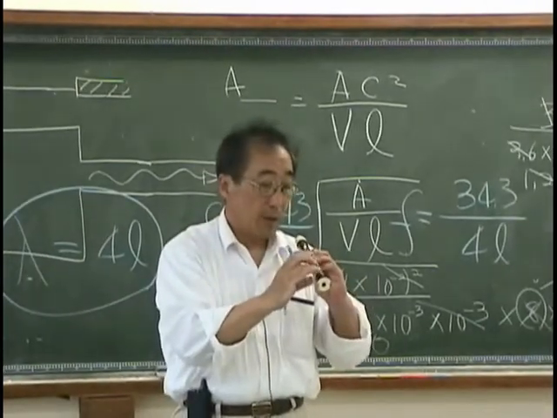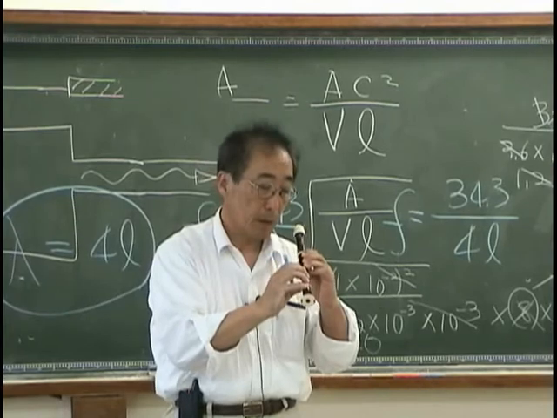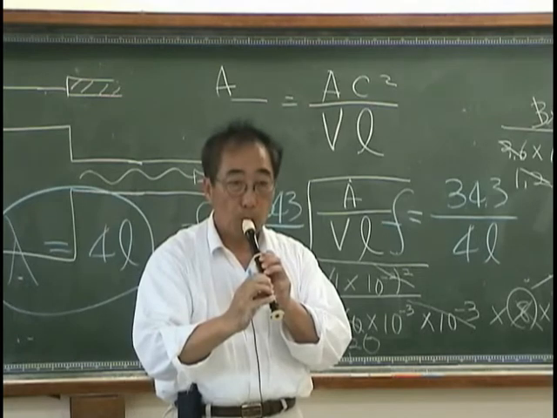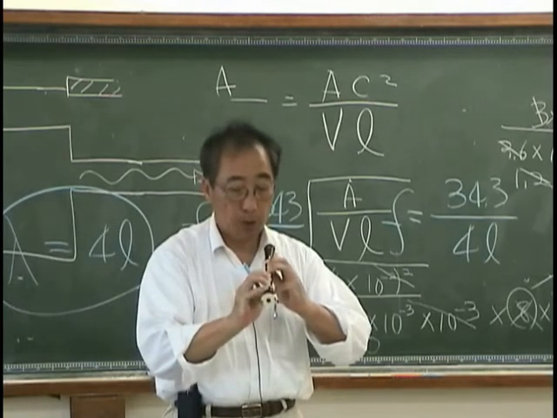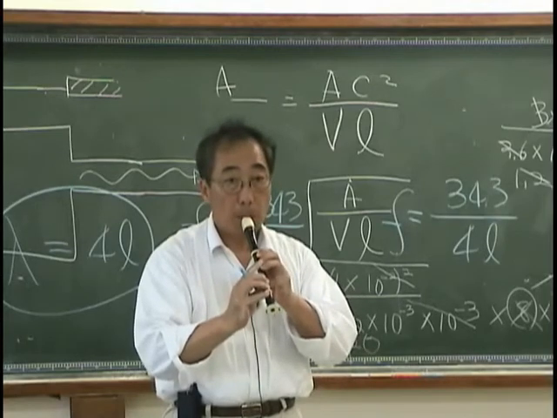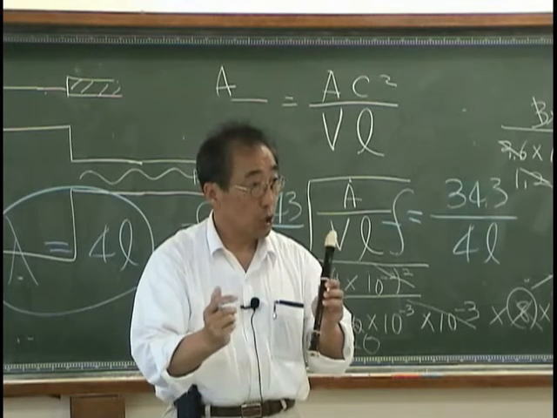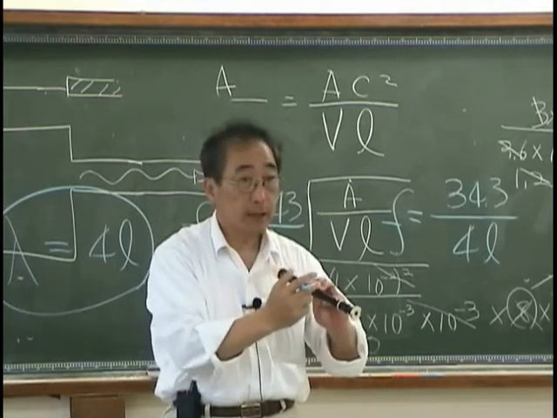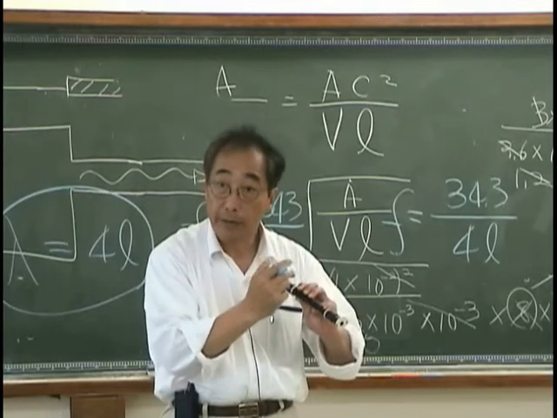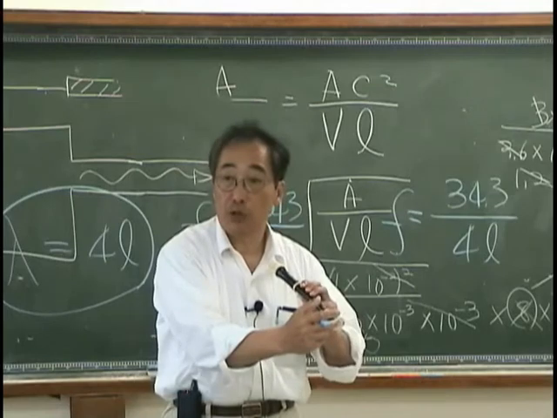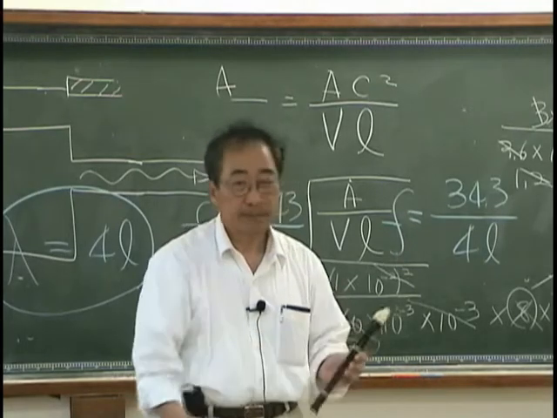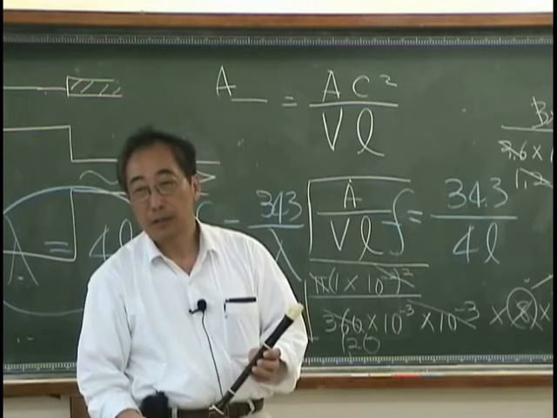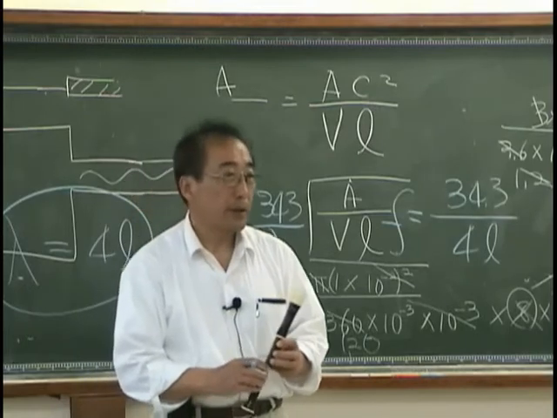So when I block every hole, if I open the middle, pitch goes up, right? Because half wavelength gets small, about half of the wavelength that I demonstrated before, right? Of course, the musical instrument player does not care about half wavelength and so on.